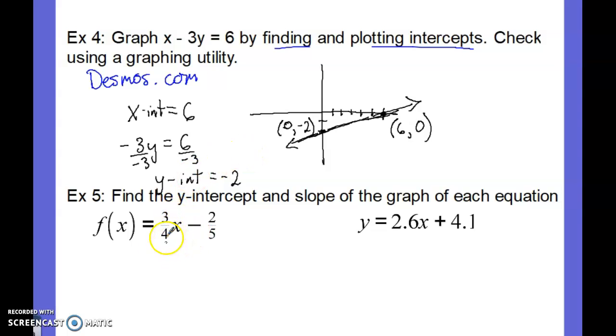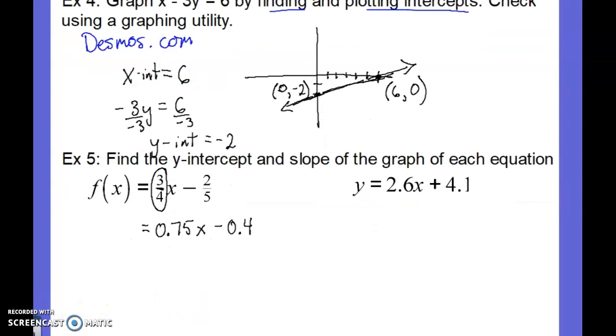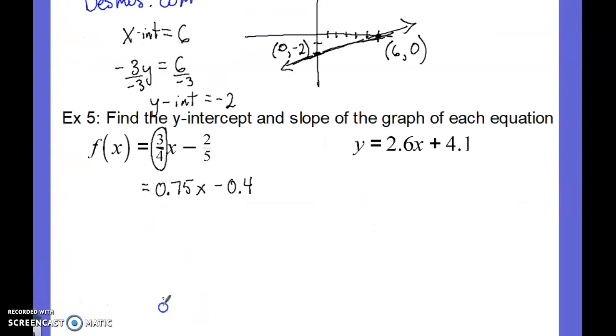Exercise 5 is more of the same premise. I actually like leaving my slope as a ratio, but I've seen some students that just need to see that like decimal, and I'm fine with this because when you go to the graph, let me scroll down a little bit, give myself some more room.